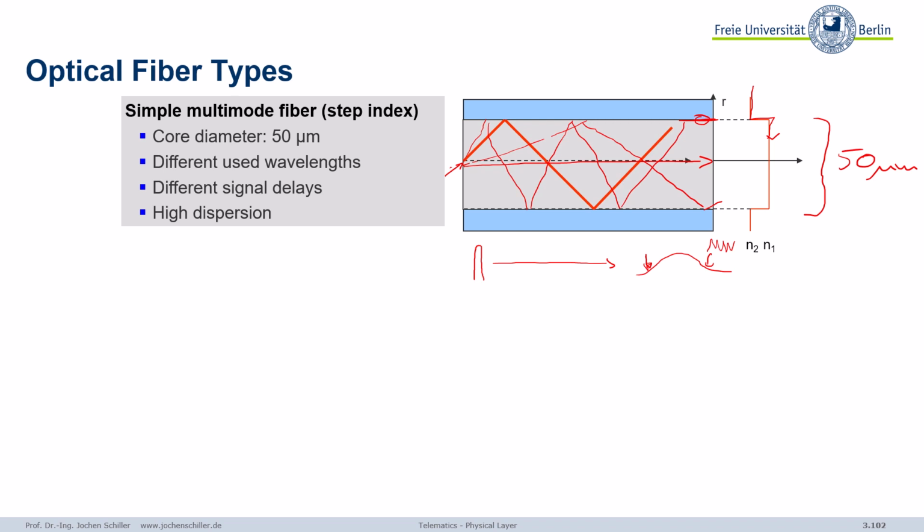And there's another problem. Imagine you send a sharp pulse and another one. This may result in the first pulse being smeared over time, so dispersed. The next one as well. So that results in overlapping.